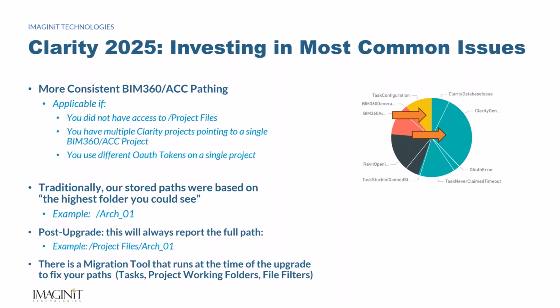And this will go through all of your Clarity projects and look for this kind of situation, something where you can only see the /mechanical or /arch folder, and we want to make it so that it's consistent with as being /project files /arch or /project files /mechanical.